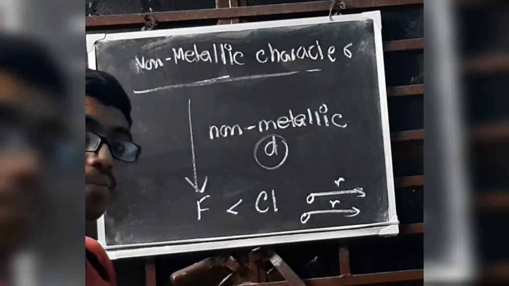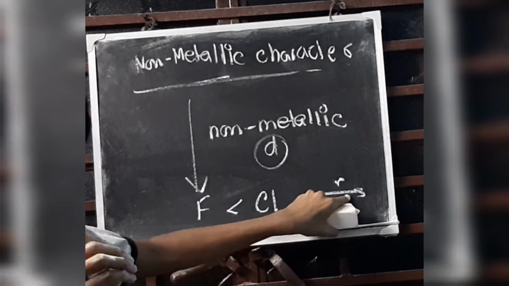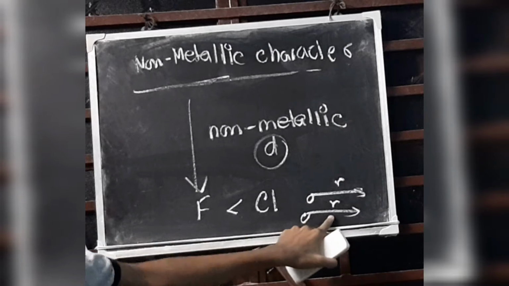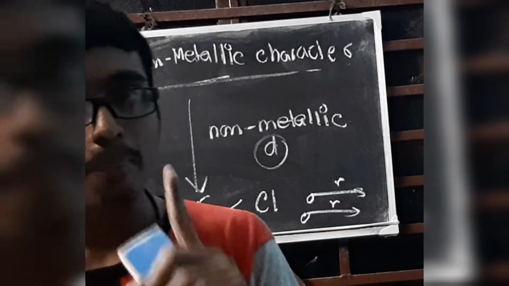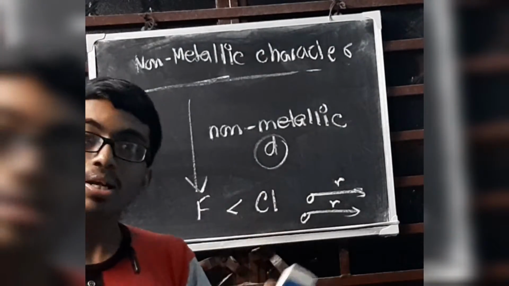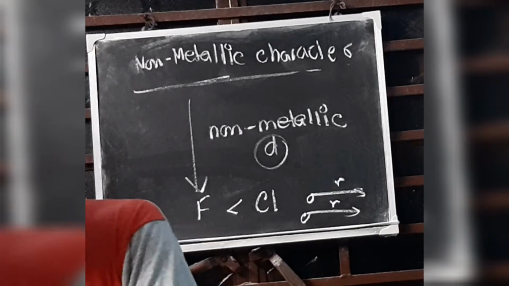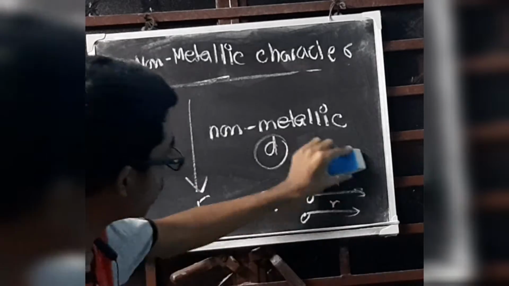Thinking of the shielding effect, the energy needed to remove the electron is comparatively lesser in the case of chlorine than fluorine. So it will throw off the electron comparatively easily. We are not saying that it has to get converted to a cation, no. But its metallic character increases somehow, very little but increasing. So non-metallic character decreases. That is the main point.